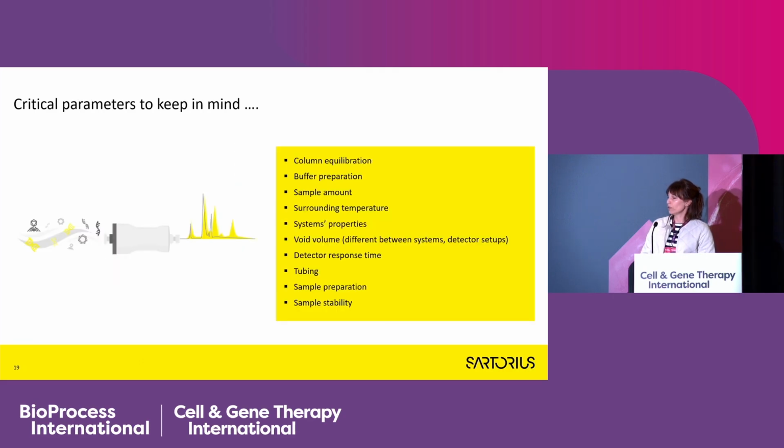Of course, when you have such complex methods for full enrichment, you need to take into account a lot of critical parameters, like column equilibration, buffer preparation, sample amount, surrounding temperature, and many others.